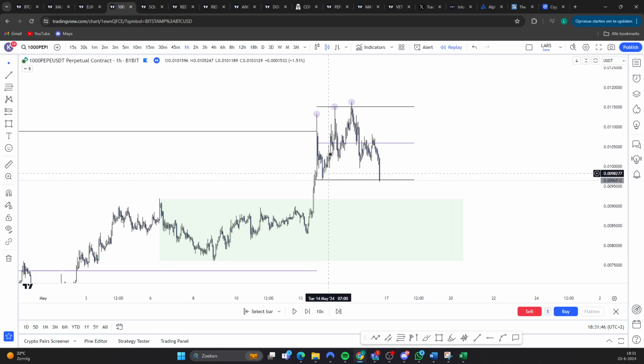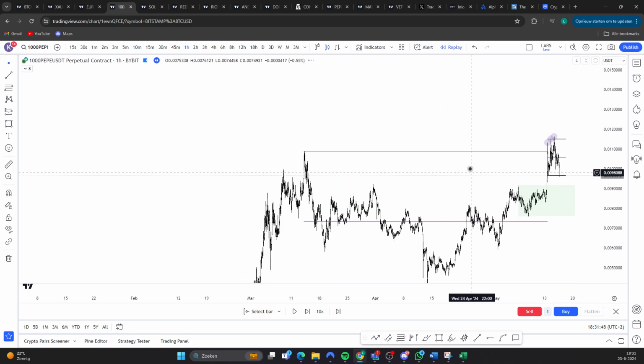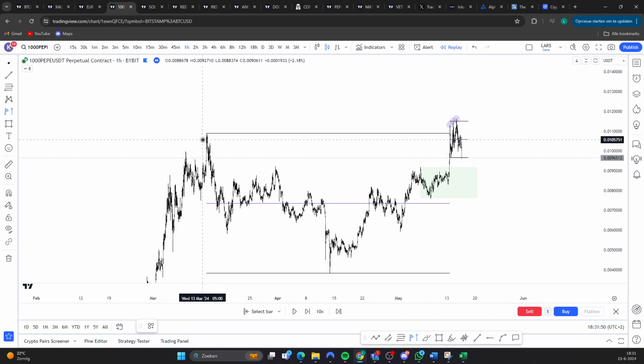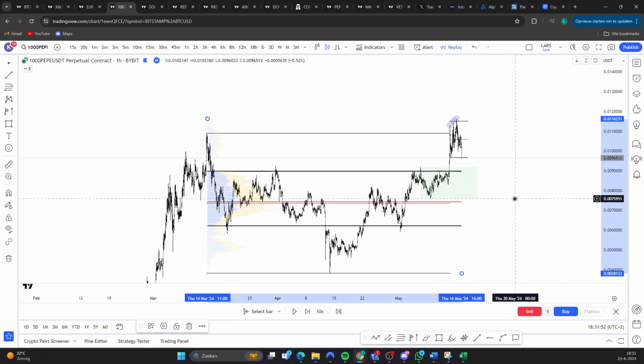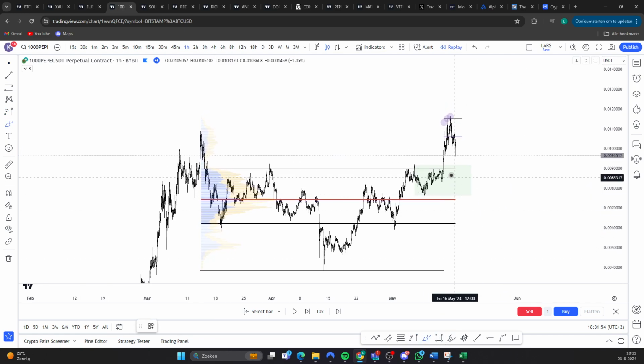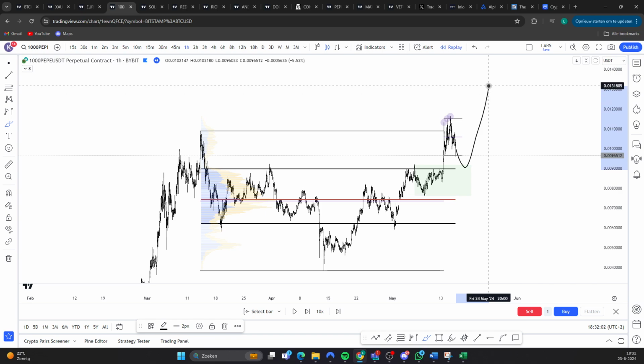This is massive support, just in case we do get a range deviation. This right here is your make or break it supply. Make it means higher low for a higher high.